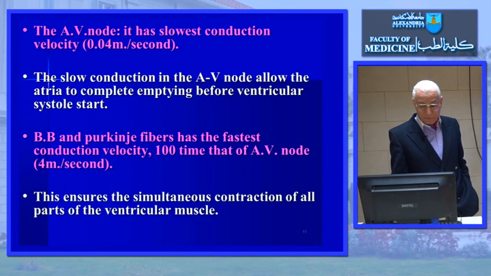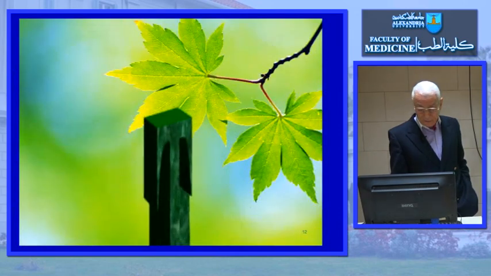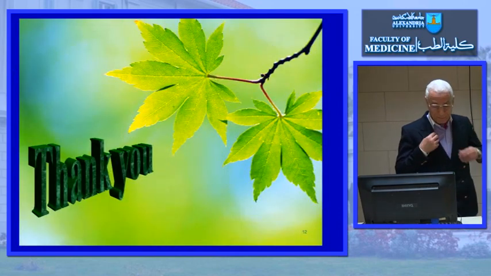The importance of this high speed of conduction is that it ensures simultaneous contraction, meaning every fiber in the ventricle contracts at the same time. This ensures simultaneous contraction of all parts of the ventricular muscle. Thank you so much.